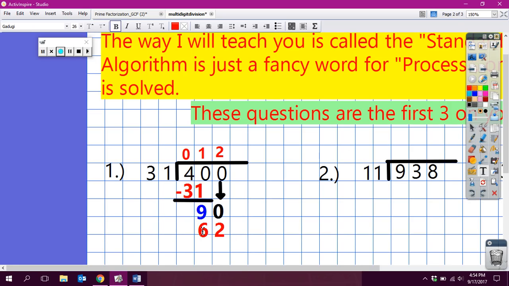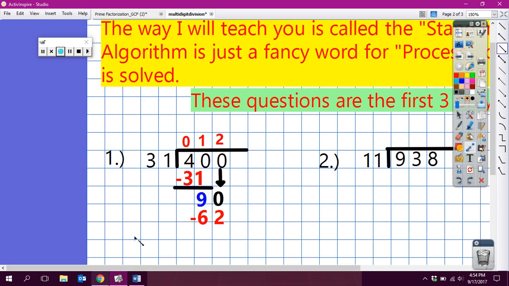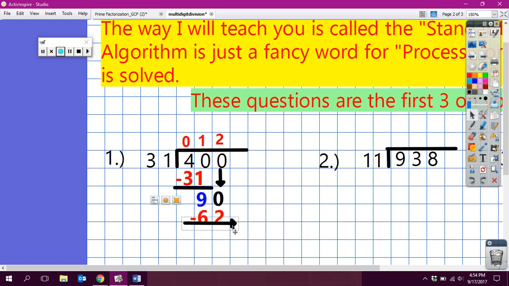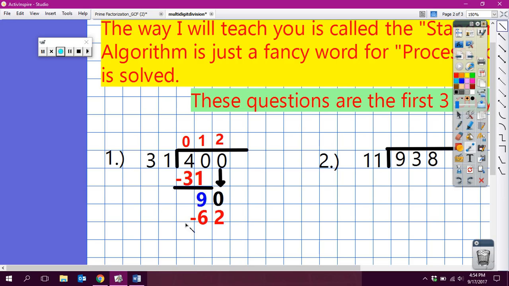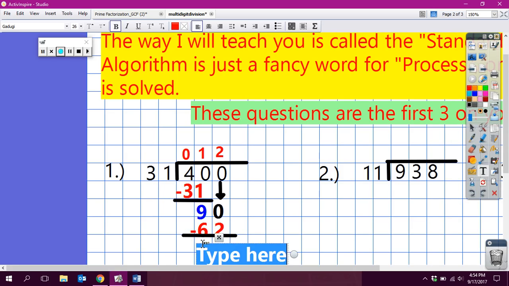That was a subtraction problem here, so I need to put that subtraction sign. After I take 62 out of that group of 90, what I should have left over is 28. Now, that's a large remainder.